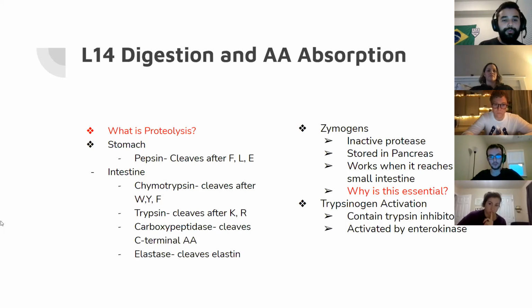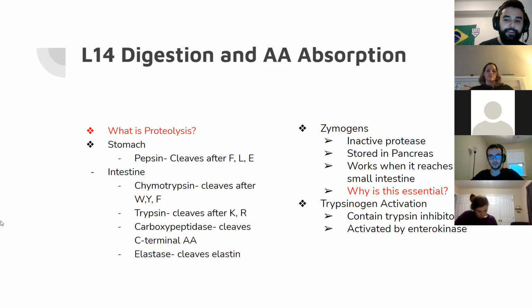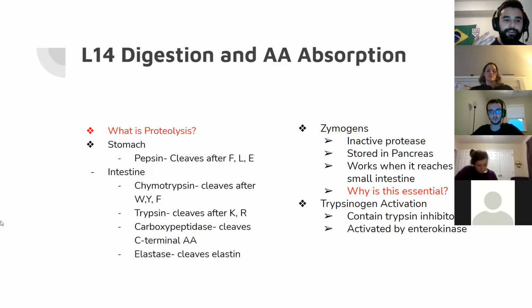The important thing, especially for our stomach, because pepsin is a huge zymogen in our body, is the concept of zymogens. These are inactive proteases, inactive proteins that break apart other proteins, and they're usually stored in the pancreas and only work when they reach a certain part of your body. I want to be a little more specific with the small intestine because we are talking a lot about chymotrypsin, trypsin, carboxypeptidase, and elastase, but the stomach does the same thing.